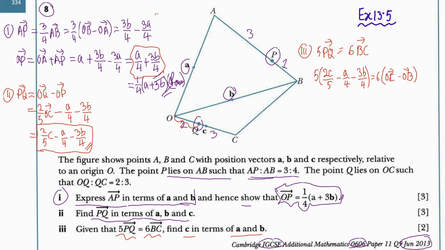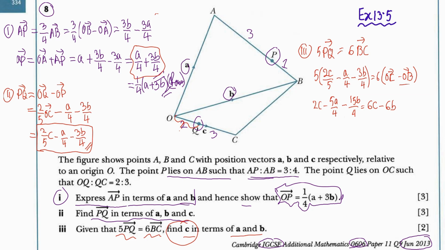Now simplify by multiplying with the 5. The 5 and 5 cut out, giving 2c minus 5a/4, then minus 3 times 5 is 15b/4. On the right side it is 6c, because OC is c, minus OB, which is b, so we write 6b. That is our final statement. Now we need to make c the subject, taking the rest of the parts to the other side.